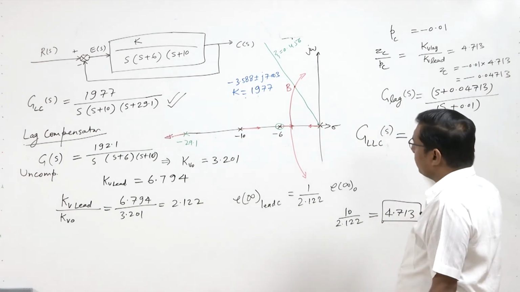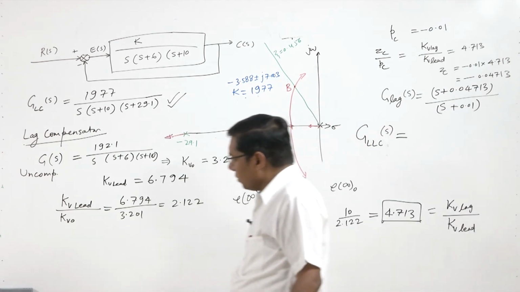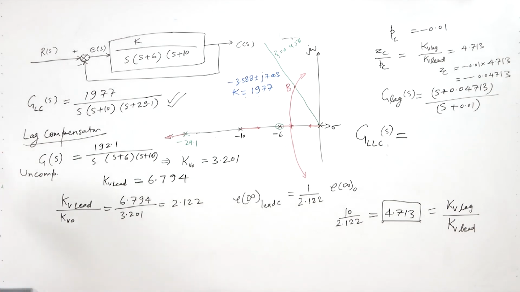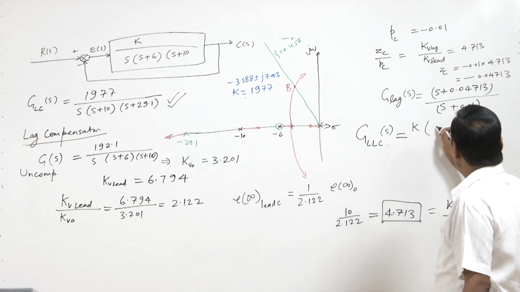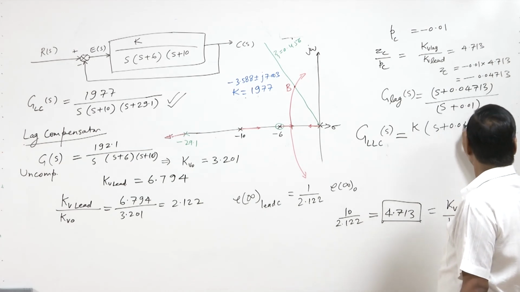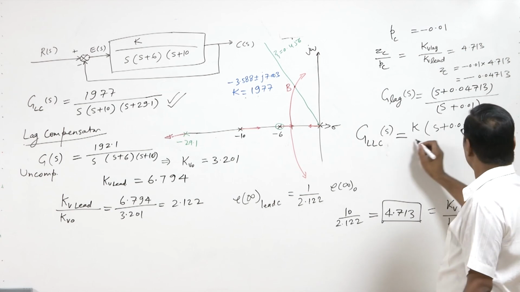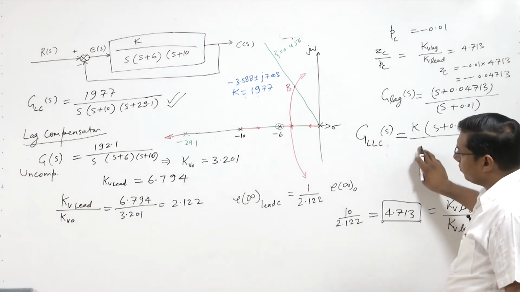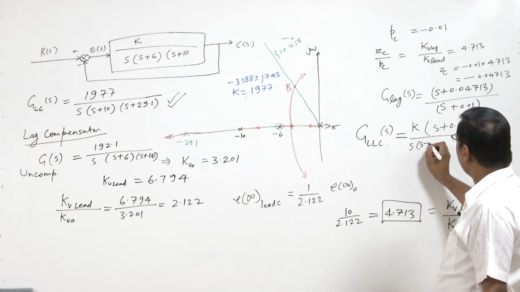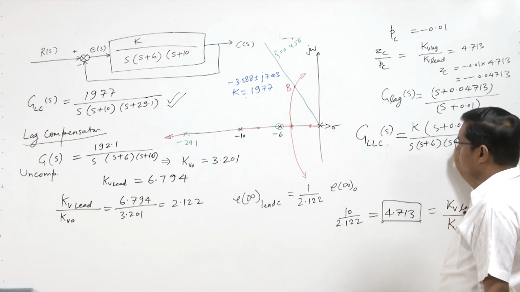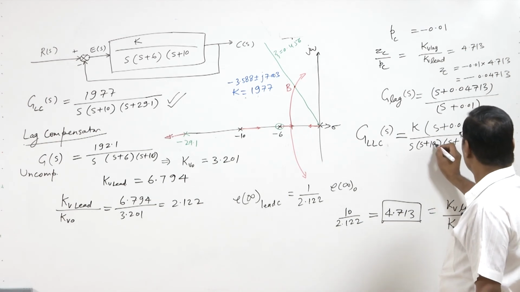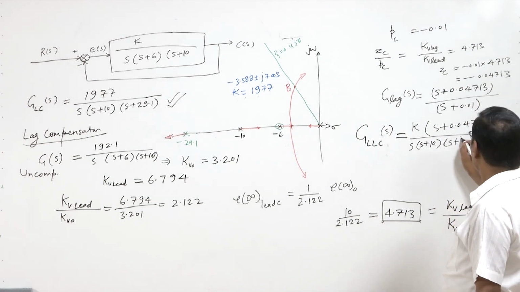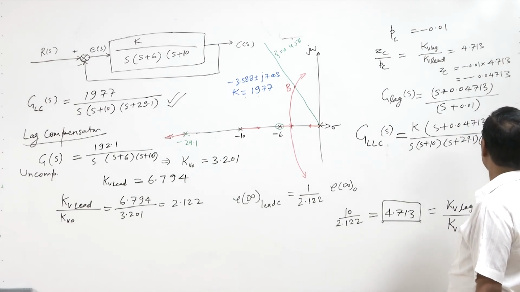So now the total compensation is K S plus 0.04713 by S plus 10 and S plus 29.1, and here S plus 0.01.